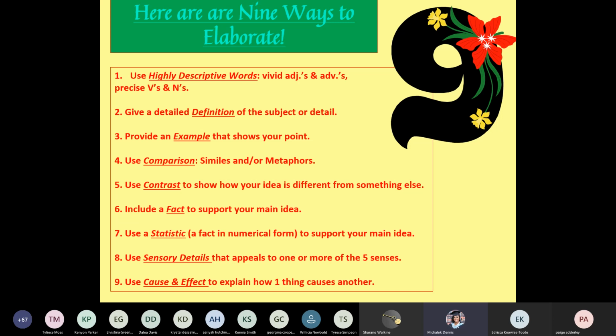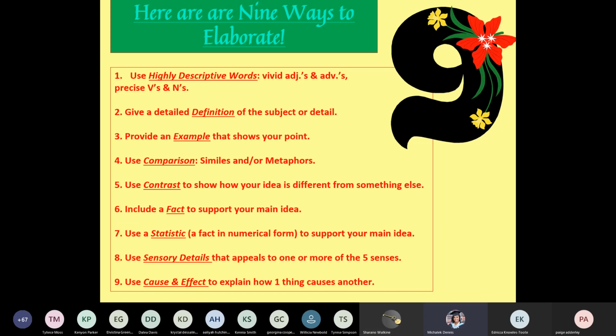Okay, a vampire. You don't think I want you to be a little more specific? Now, if you say Dracula, I mean, yes, you're on point because you're being very precise on a particular vampire you're talking about, right? So then we have 2, give a detailed definition of the subject or details.